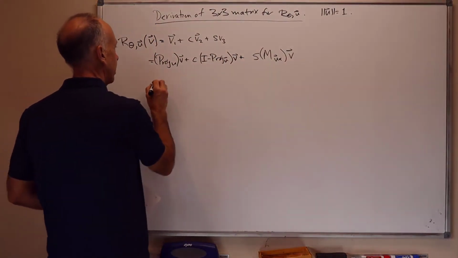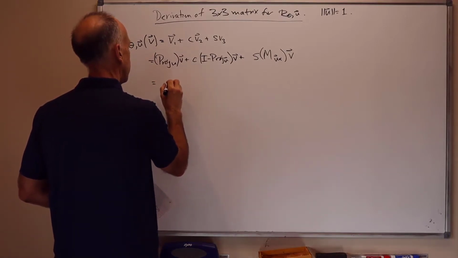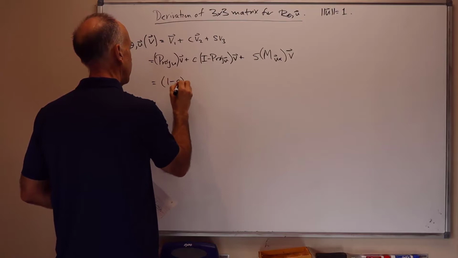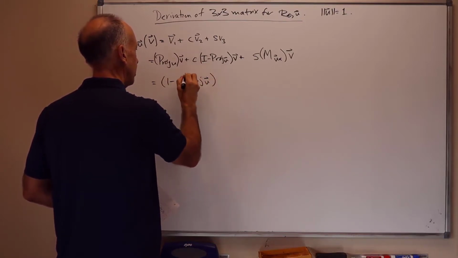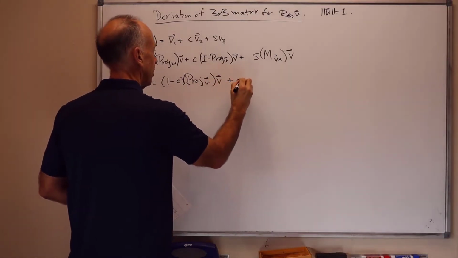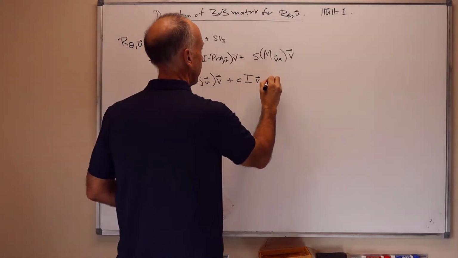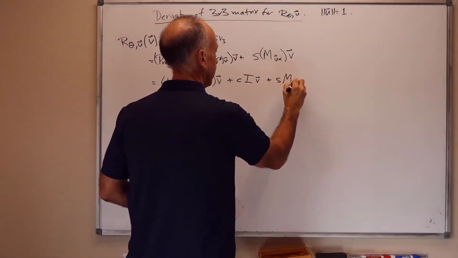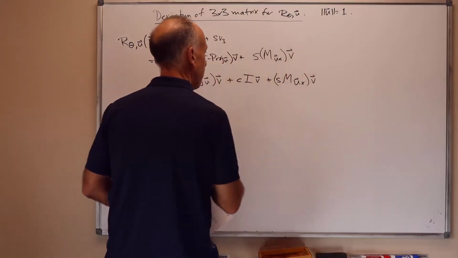So we can rewrite that as (1 minus c) times proj sub u of v plus c times the identity times v plus s times M u cross times v.